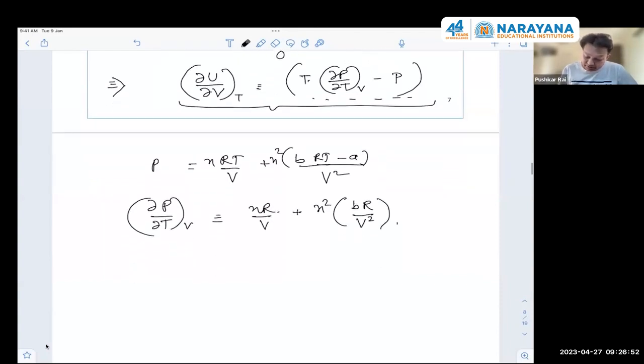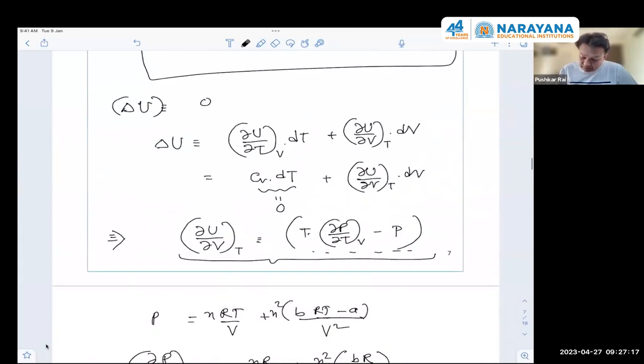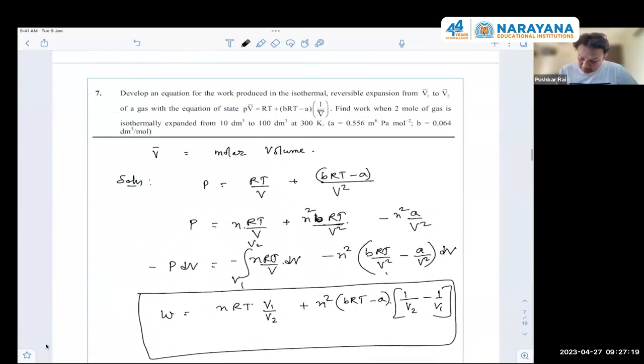If you just multiply it by T, so T times del P by del T at constant V minus P, if you just put it like this, then it will become once again nRT by V plus n square bRT by V square and minus nRT by V. I think there was a negative sign, positive sign.